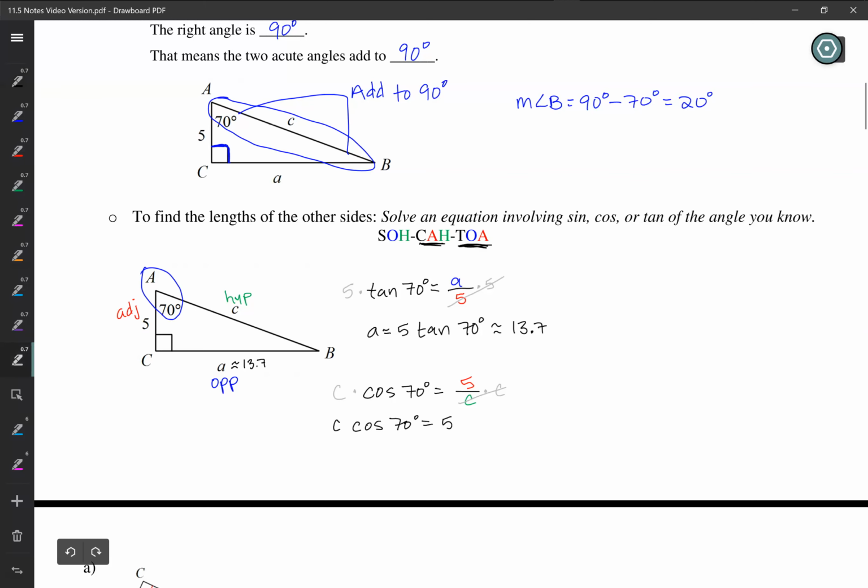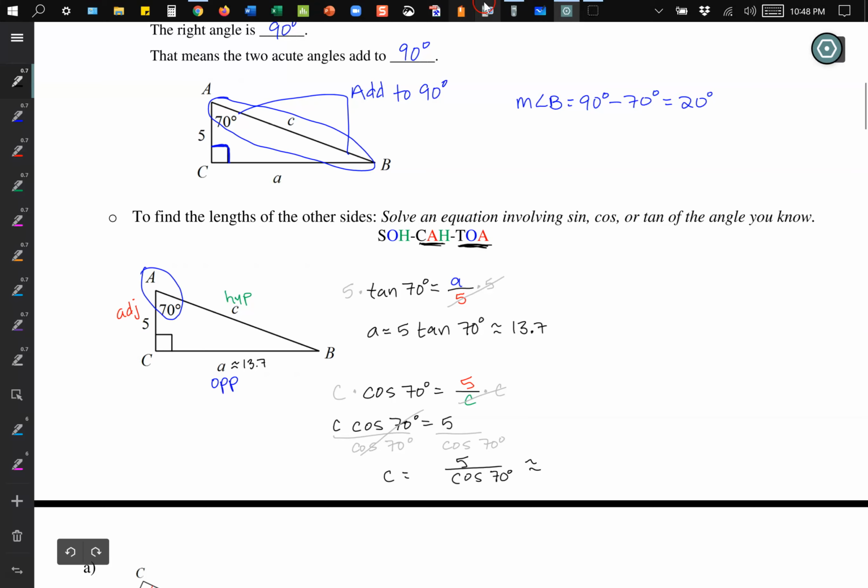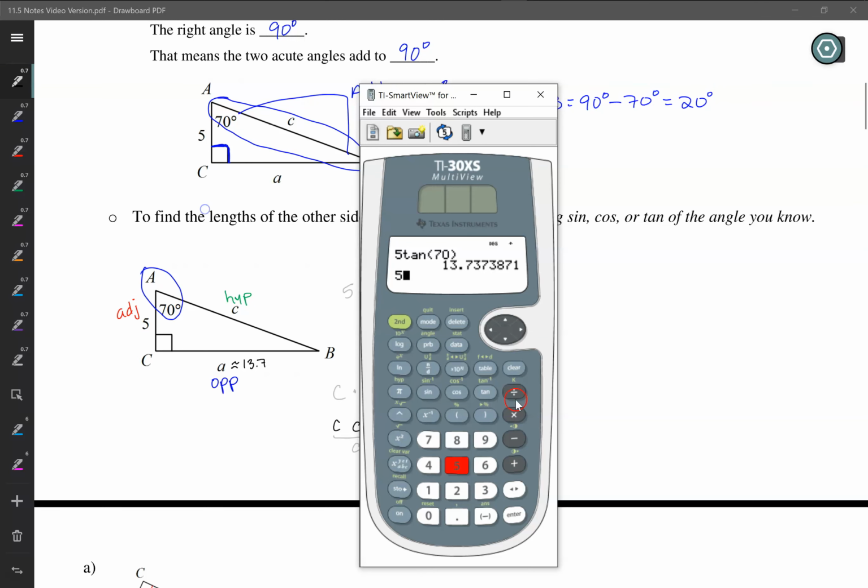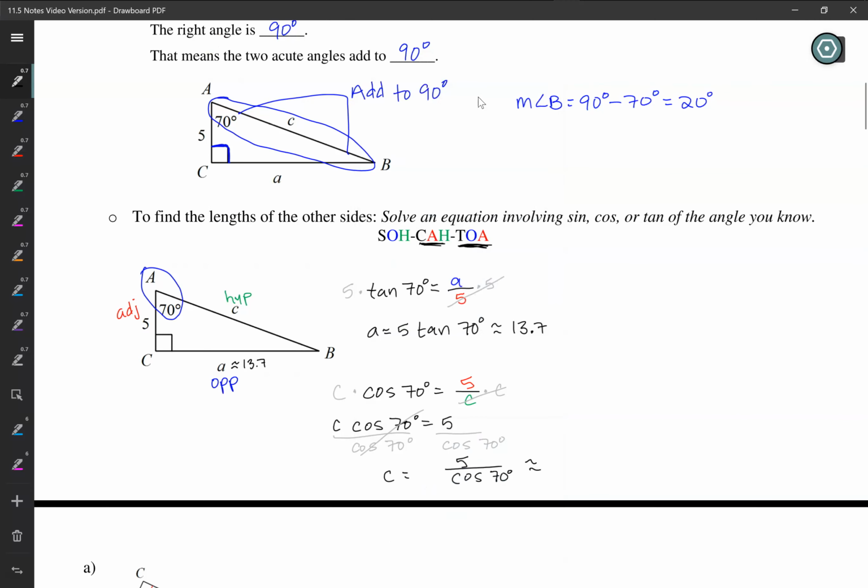And then I need to divide both sides by the cosine of 70 degrees. So C is equal to 5 divided by the cosine of 70 degrees. Which is about 14.6.